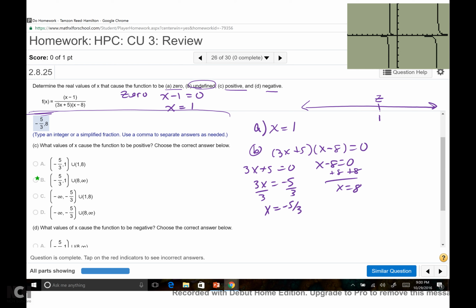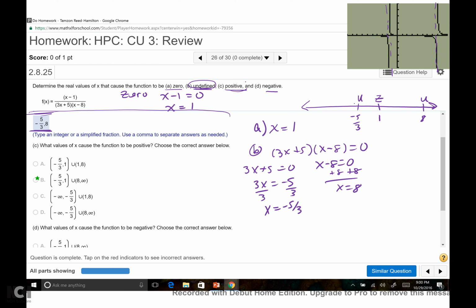So it's going to be undefined at negative 5/3, I'm going to put a U there, and at positive 8. Those are your asymptotes, your vertical asymptotes, which is where the function is undefined.